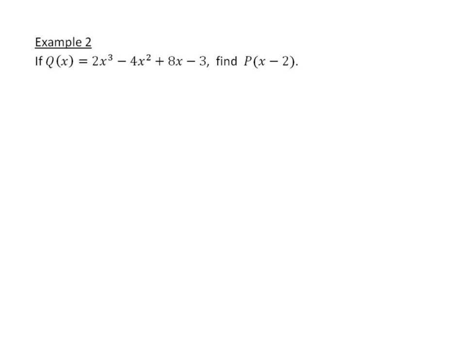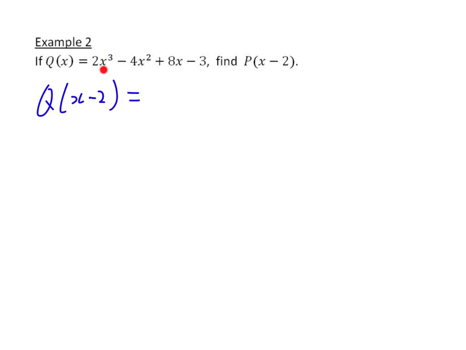Example 2 is a bit more involved. We're told that q of x is equal to 2x cubed minus 4x squared plus 8x minus 3. We're asked to find q of x minus 2. That means wherever we see an x, we want to replace it with x minus 2. So q of x minus 2 is.